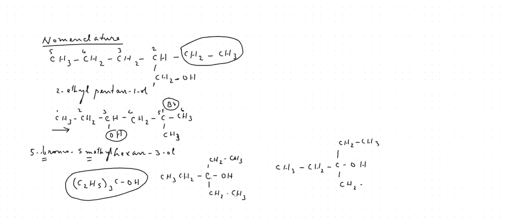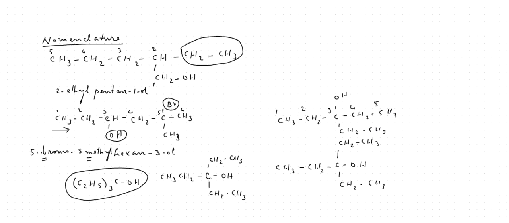So this compound can be written as CH3, CH2, C, CH2, CH3, then here OH, and here CH2, CH3. For simplification, I am writing like this. So 1, 2, 3, 4, 5. So it is a pentanol.